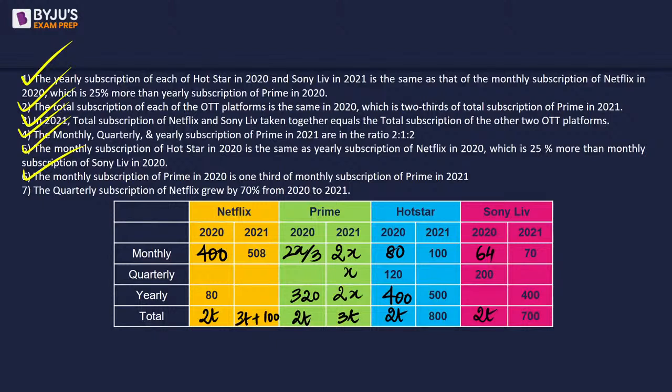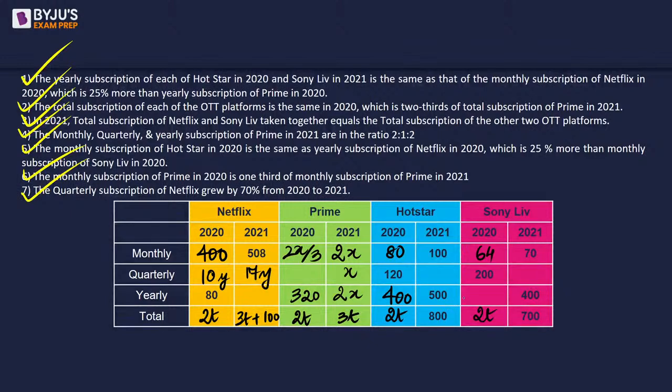Next, the quarterly subscription of Netflix grew by 70% from 2020 to 2021. Grew by 70%. So I am saying if this was 10y, तो ये हमारा 17y हो जाएगा. ठीक है. So we are done with seventh bullet point.